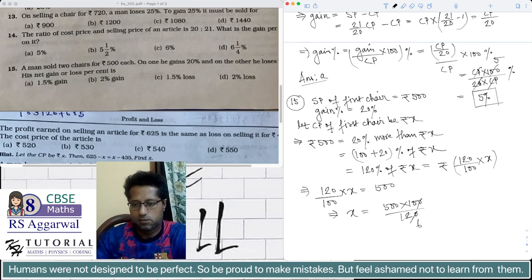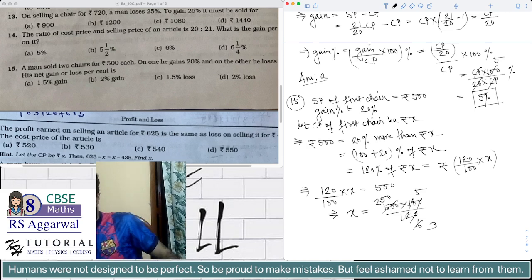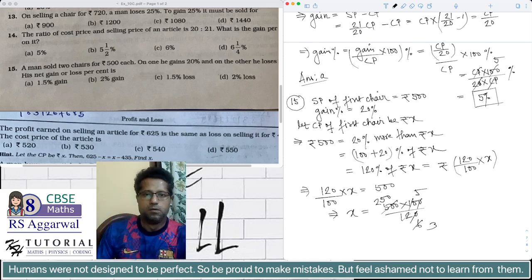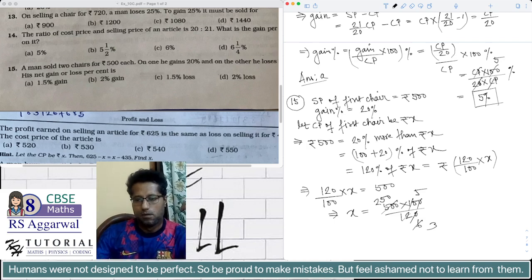So this simplifies, and this is equal to 1250 by 3.